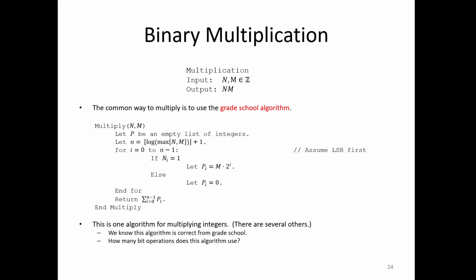So assuming we've done that properly, let's move on to the question I want to spend more time on, which is how many bit operations does this algorithm use? So I'm not going to focus on logical operations here, I'm going to focus on bit operations.